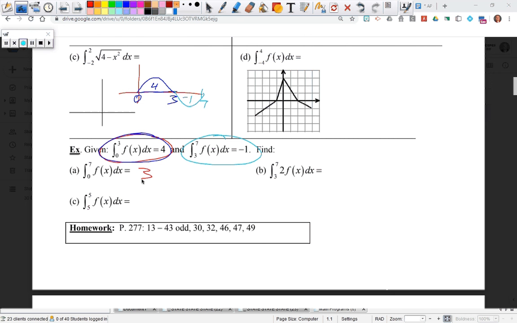What's the answer to B? Nice. Because if you use the constant multiple rule, you already know that this 3 to 7 is -1. What's -1 times 2? -2. And what would the answer be for C? 0. Are there any questions you have?